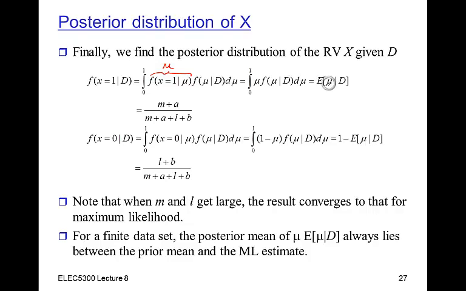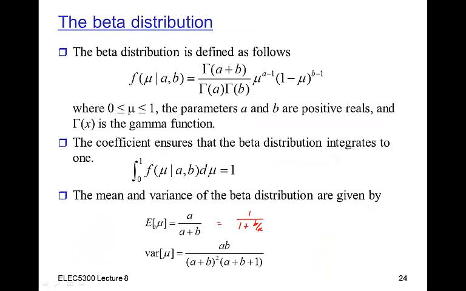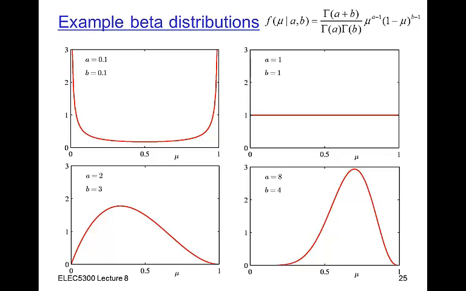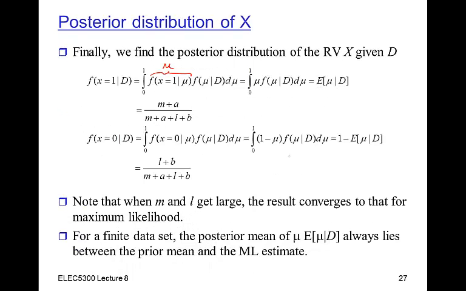This is just the expected value of mu given D. Given D, mu has this probability distribution function, and I can go back to the previous slide, where I know the expected value of mu for these parameters is a divided by a plus b. But now with the data, a is replaced by m plus a and b by l plus b. And so the expected value of mu given D is m plus a divided by m plus a plus l plus b.